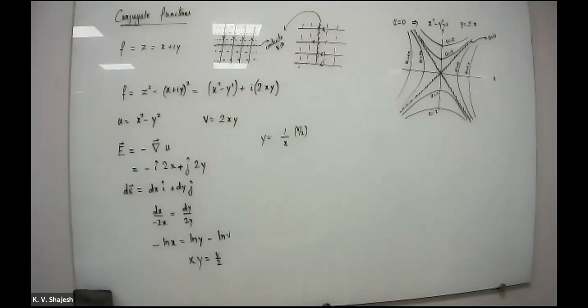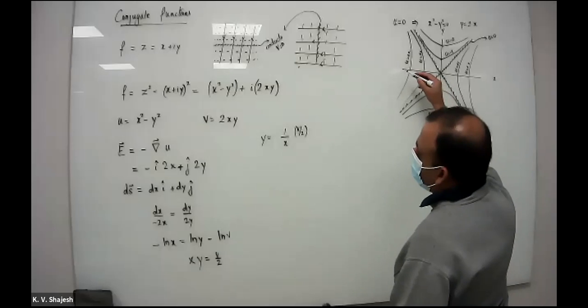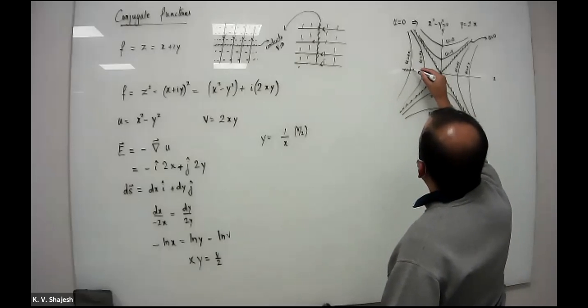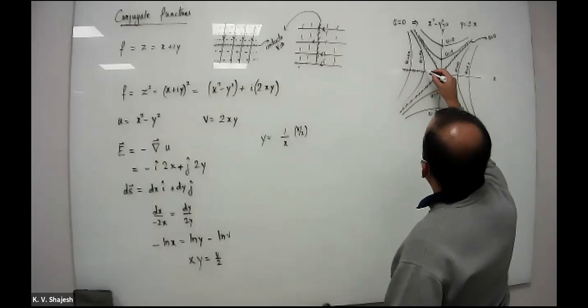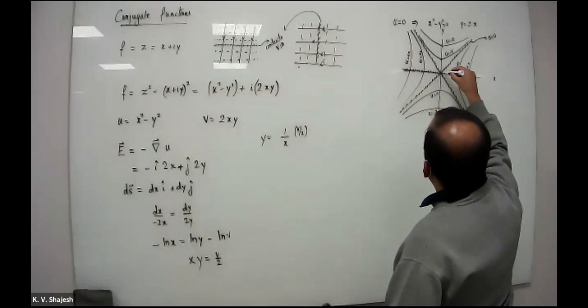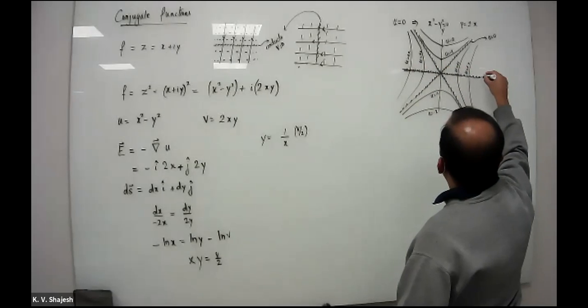If v is equal to 0, what is it? Equal to 0 is y equal to 0, right? So that's your y equal to 0. So that's your v.